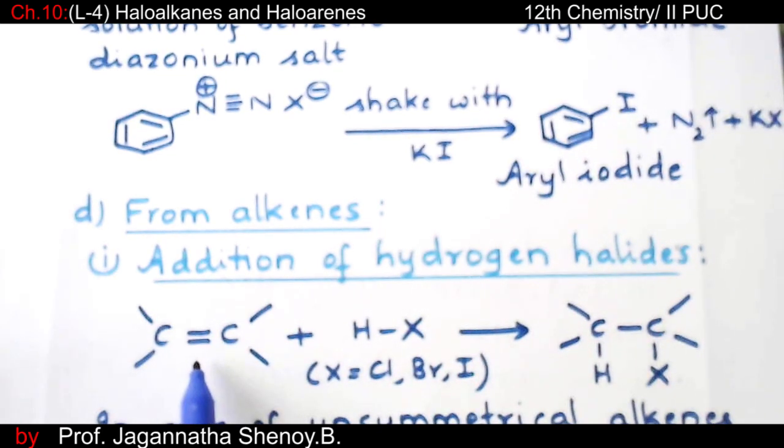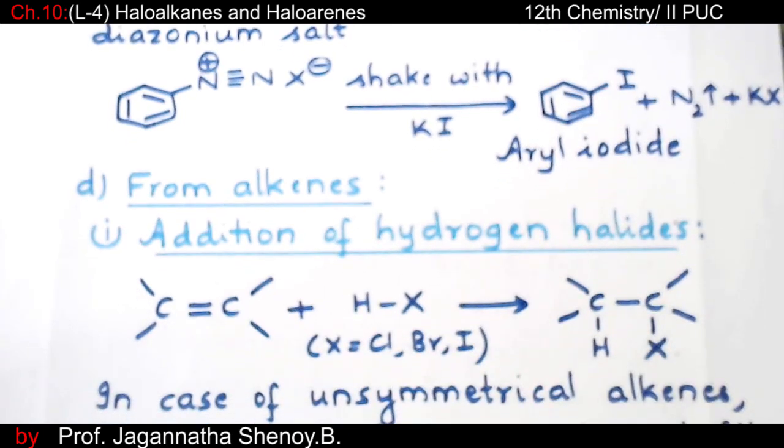Alkene in general is represented like this: C double bond C with two unsatisfied valencies on each carbon, and I'll treat it with HX. So here again, X can be chloro, bromo, or iodo. The product obtained is alkyl halide.